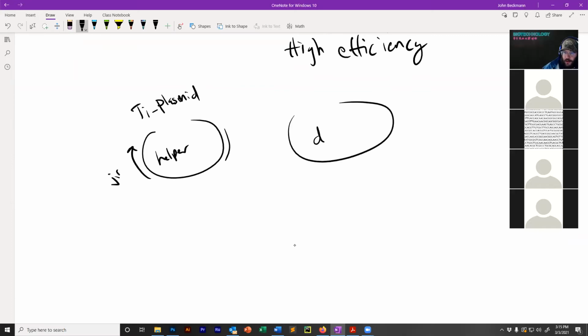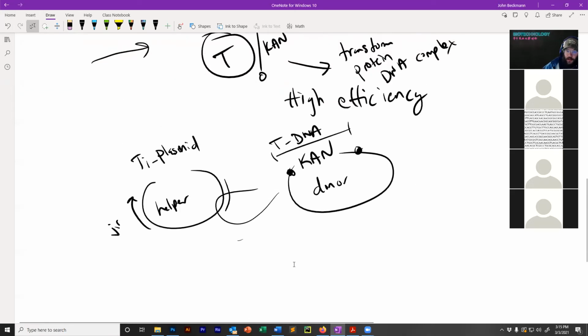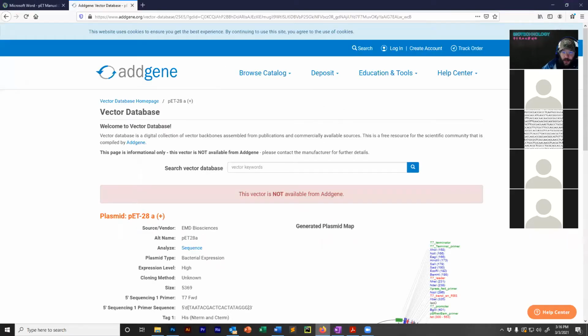And your donor would have the T-DNA region flanked by the sites that the Vir proteins recognize with some selectable marker, okay? And then you can shotgun in kanamycin cassettes with agrobacterium in plants or whatever organism you want to use that for.